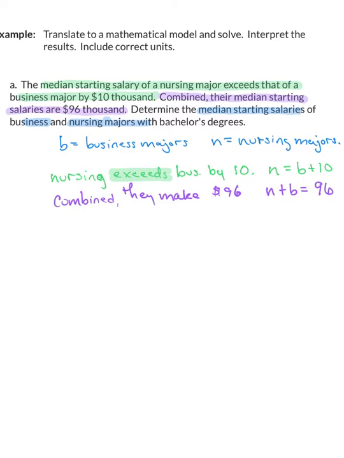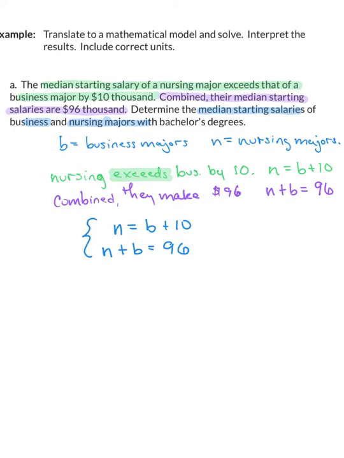We're going to take these two equations here: n equals b plus 10 and n plus b equals 96. Now that we have our system of equations, we can go ahead and solve this. So I want to use the substitution method.